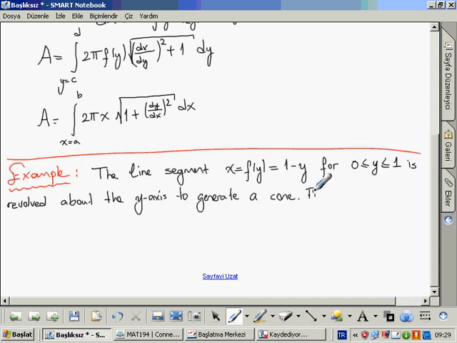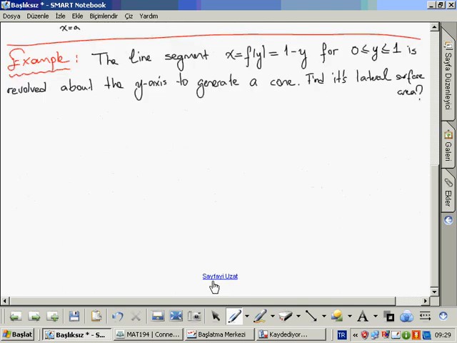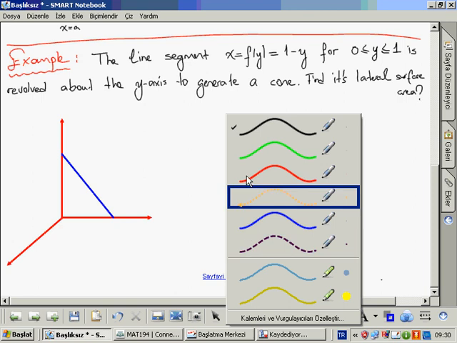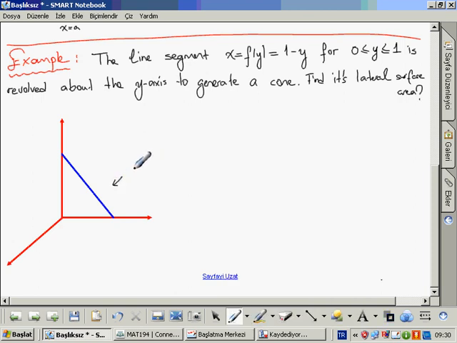Find its lateral surface area. x equals 1 minus y.